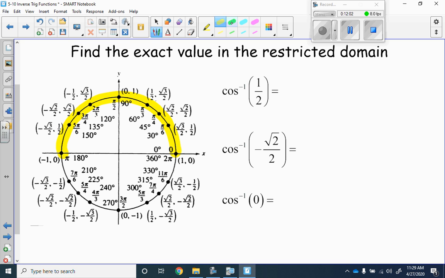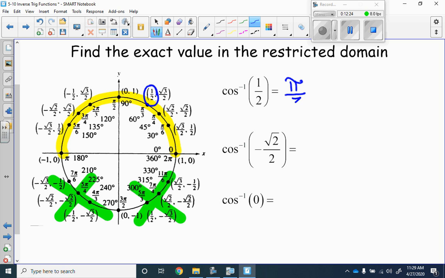So you have to ignore all these other quadrants here. So when I answer the question here of the inverse cosine of 1/2, when I look at my x values here, there's only one positive 1/2. I'm not going to use the one that's down there in quadrant 4. And so my solution here would be pi over 3. And pi over 3 is between 0 and pi over 2.